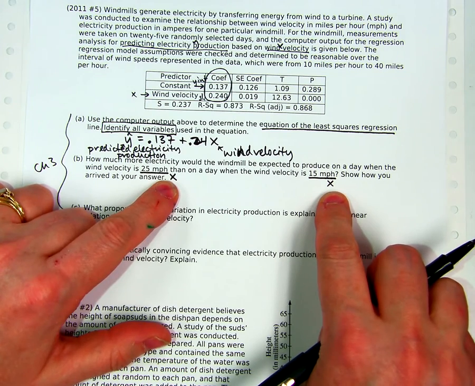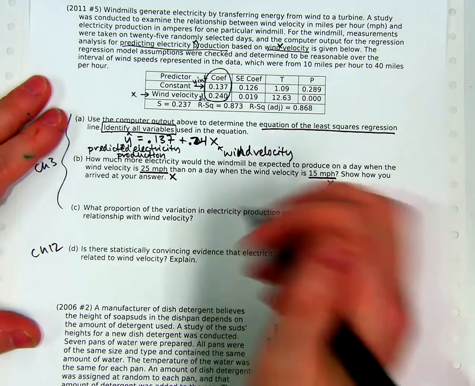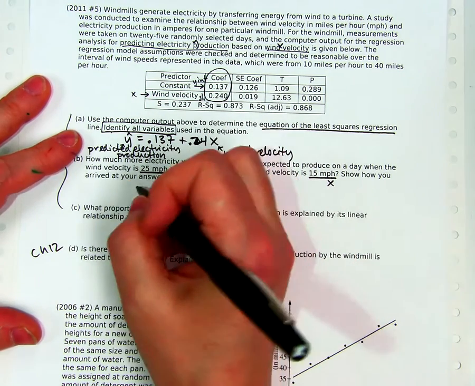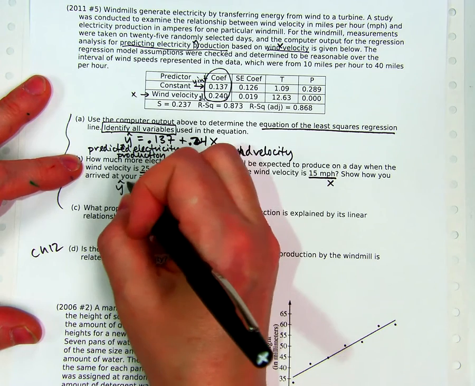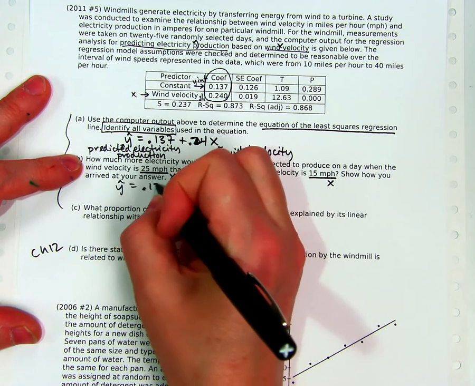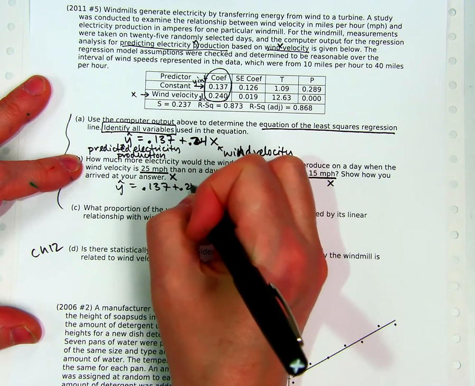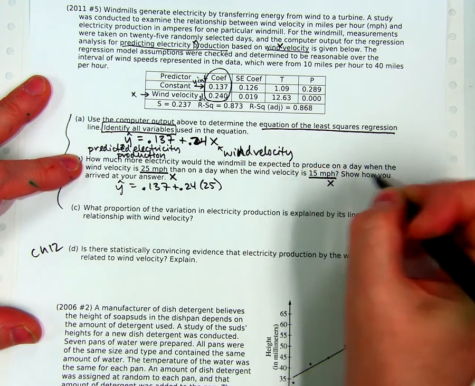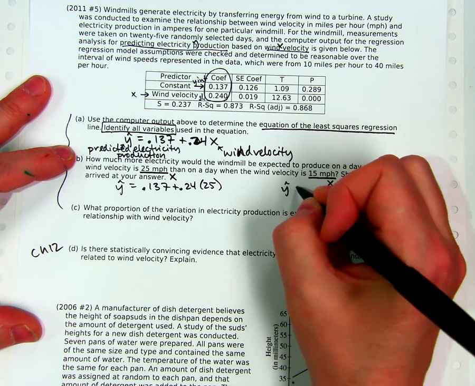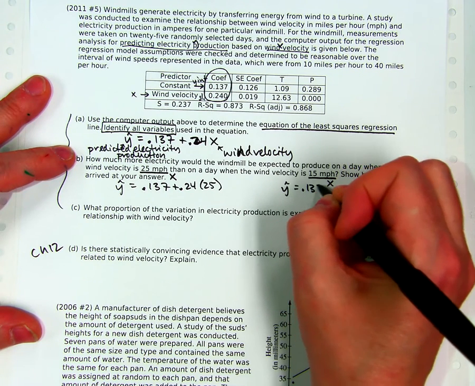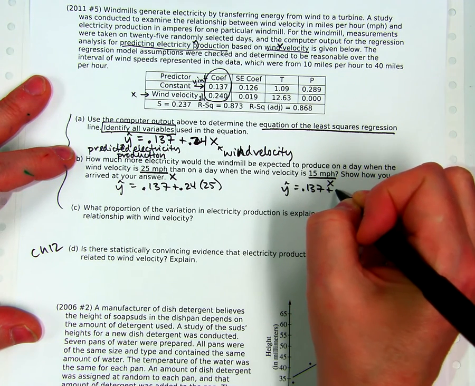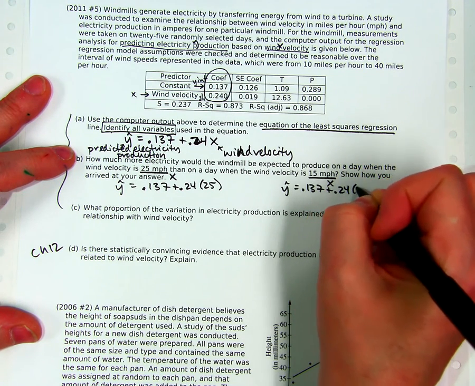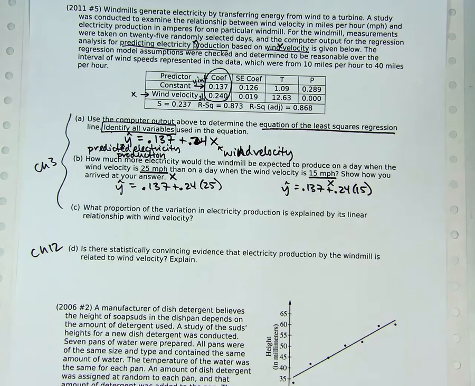So we're going to plug in 25. We're going to look at y hat being 0.137 plus 0.24 times 25 compared to the other y hat, which is 0.137 plus 0.24 times 15, and see how much different it is.